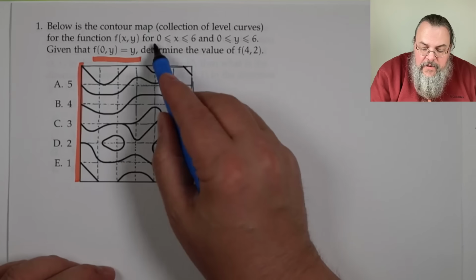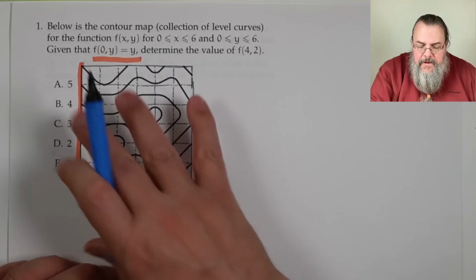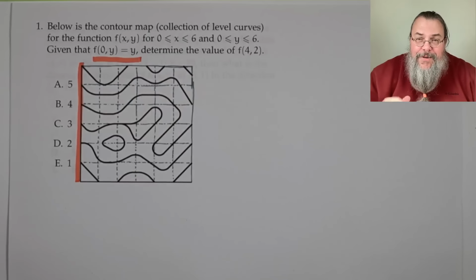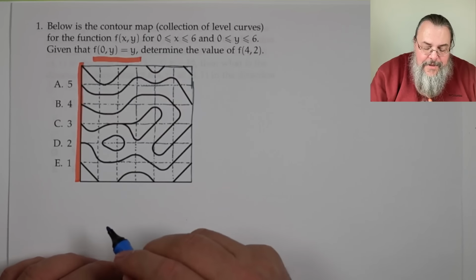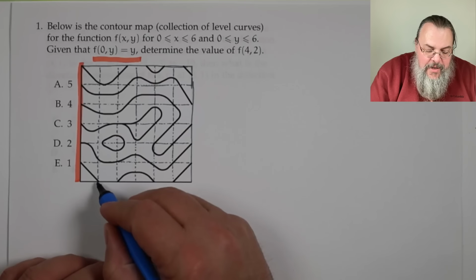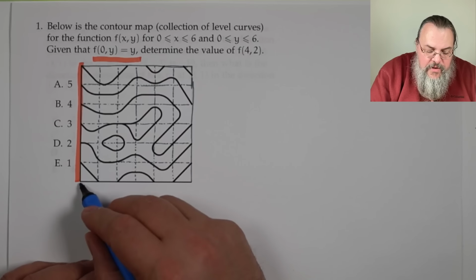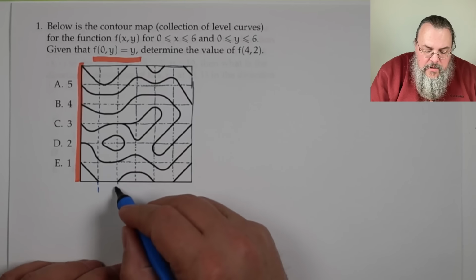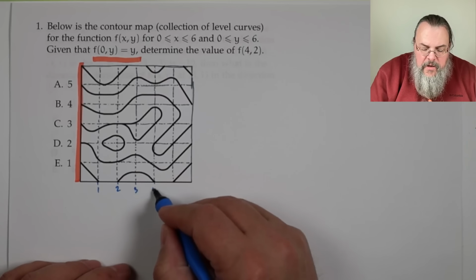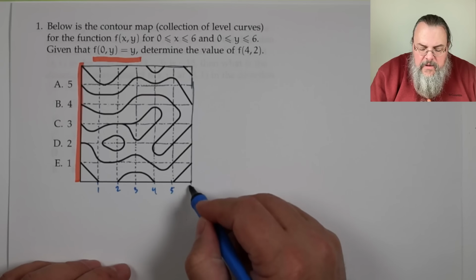Now we're told x goes from 0 to 6, and we have the grid. I've darkened the grid a little bit because the camera resolution sometimes is not as sharp as we'd like. And so we can mark. So here's 0, 1, 2, 3, 4, 5, 6.